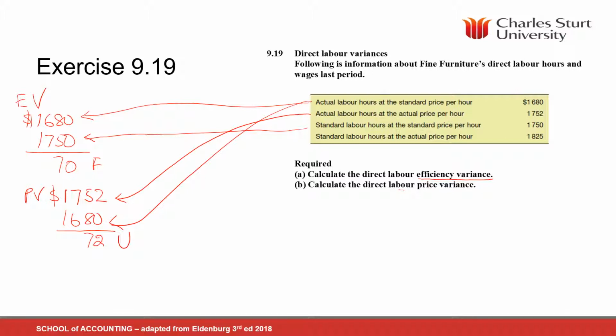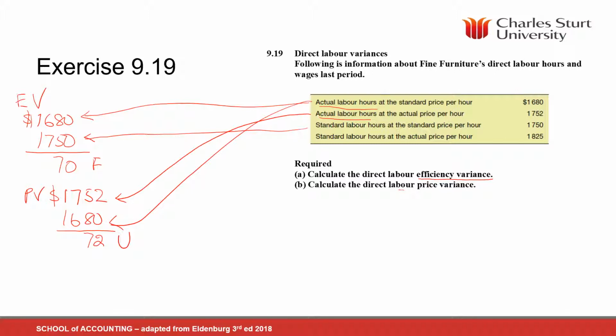because what we're comparing is the price, because for both of these we're looking at the actual labour hours and the differences in the price. So the price is actually more expensive, and it's $72.